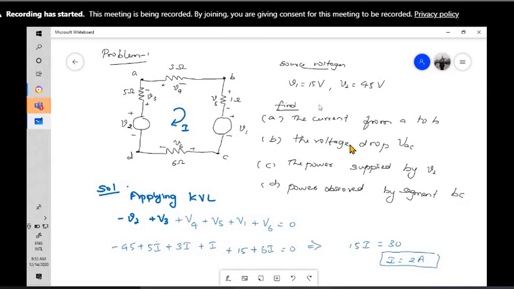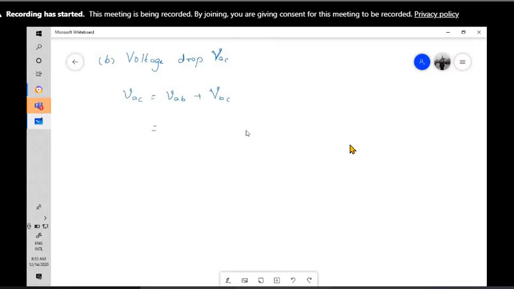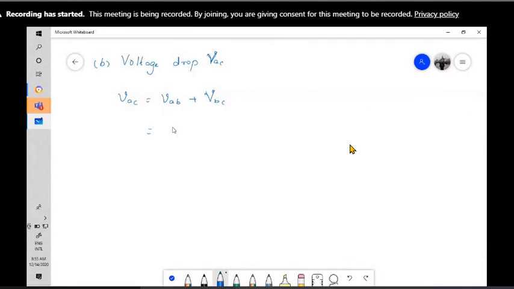Plus, we have this V1 already given in the question. You can just add it. Now, this will be 3 times I plus, if I write for VBC, it will be I plus V1.